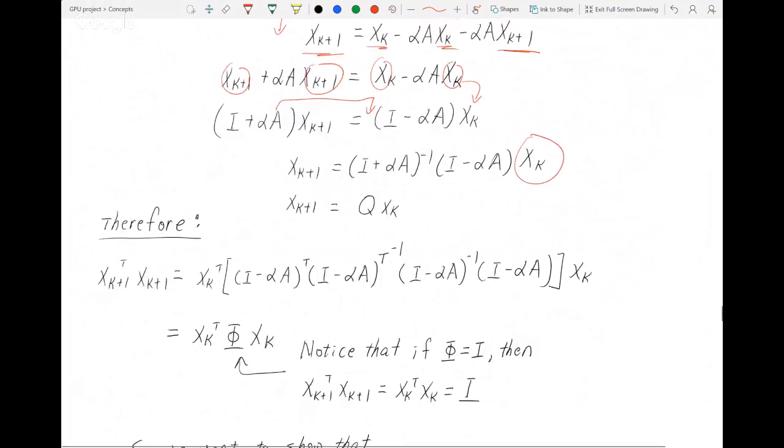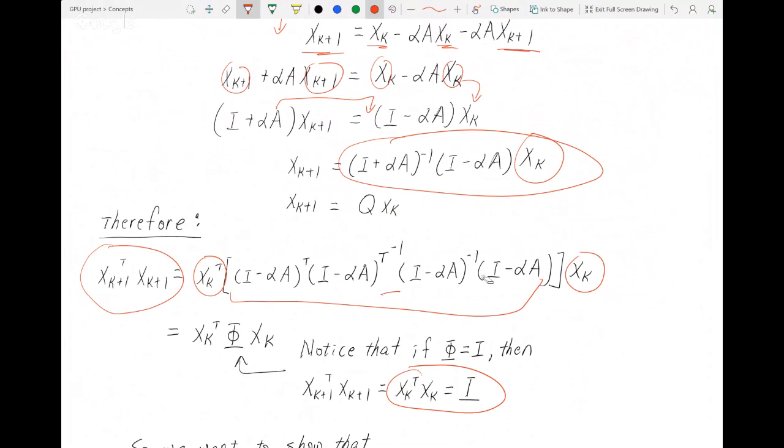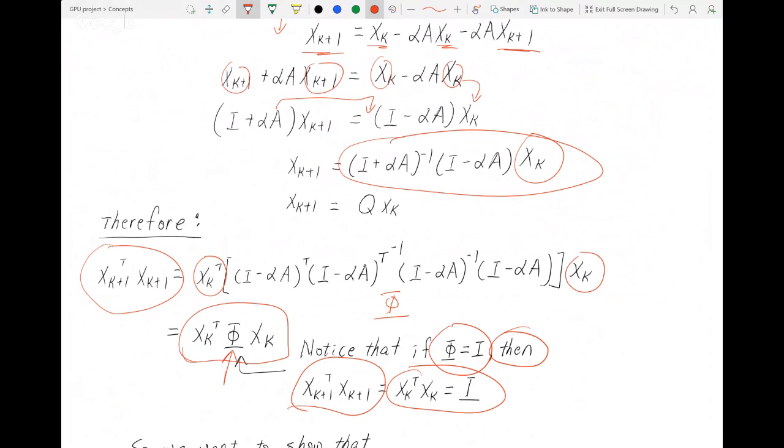Therefore, when we multiply them together, we can use the larger expression and get something like this. Now, we know that this times this was identity. And we'll call what's inside it a phi. Therefore, if phi is also equal to identity, then xk plus 1 is also equal to identity, because essentially you're getting rid of this.